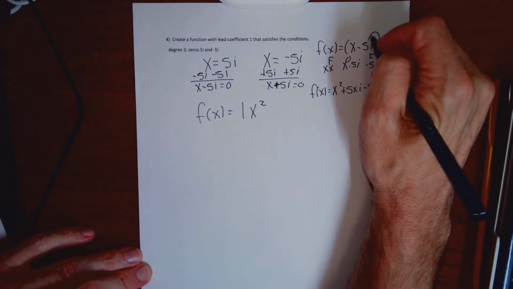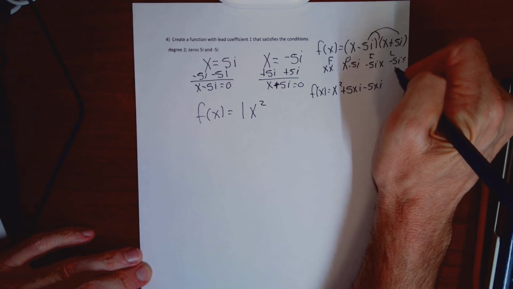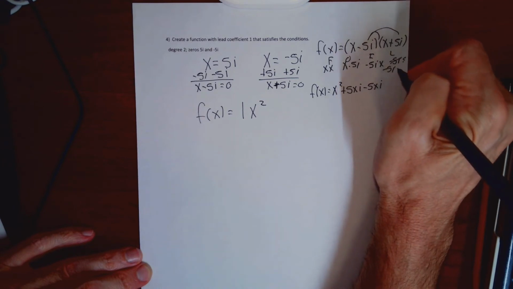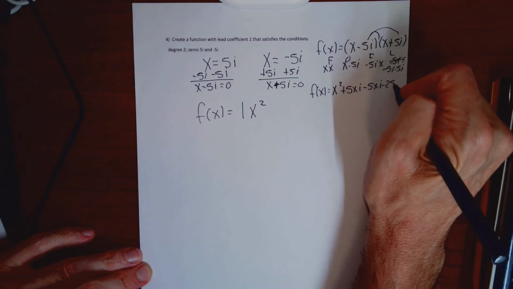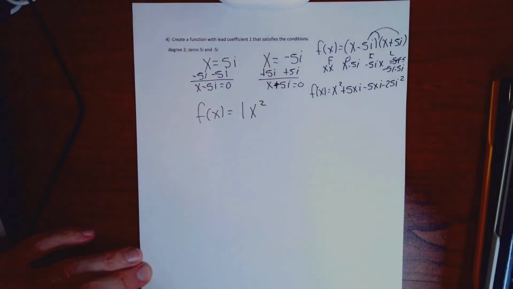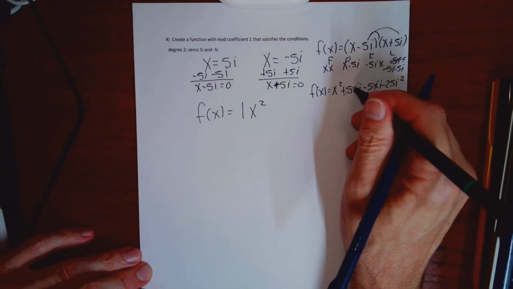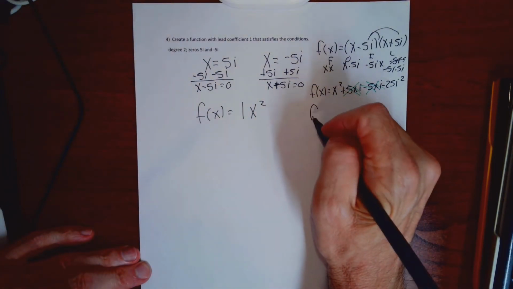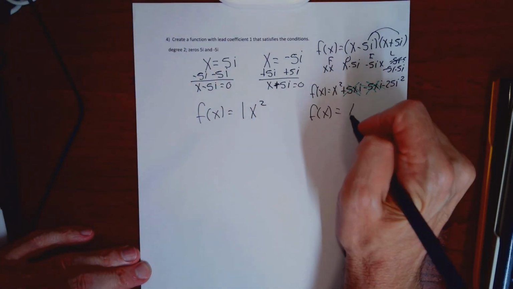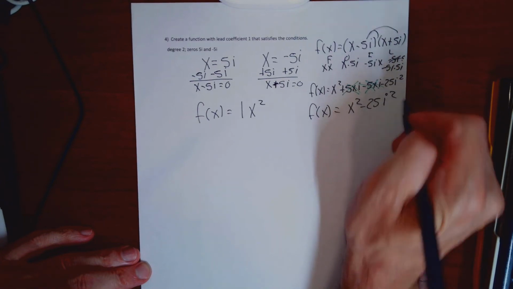And my lasts are minus 5i times positive 5i. And that's going to be minus 25i squared. I multiply the 5 and negative 5 and get negative 25. I multiply the i and get i squared. These terms cancel. And that's going to leave me with f of x equals x squared minus 25i squared.